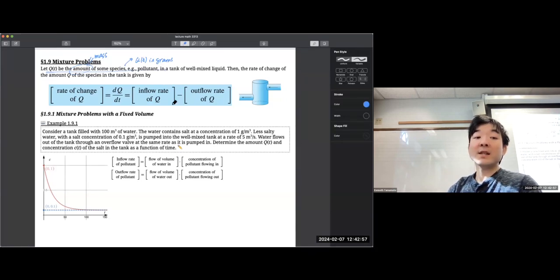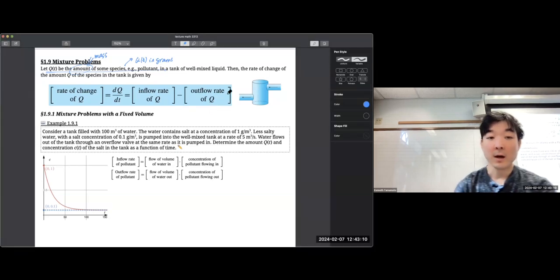The fundamental physics for this is that the rate of change of the amount of your pollutant is your inflow rate of pollutant minus your outflow rate of pollutant. Again, Q is in grams. Let's say t is in seconds. Then dQ/dt will be grams per second.